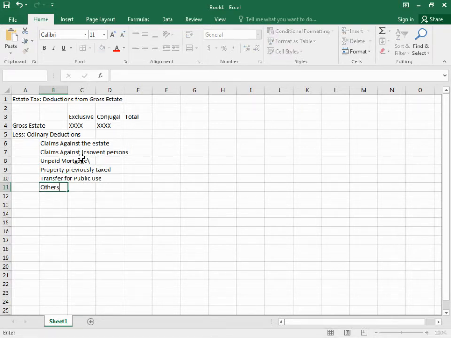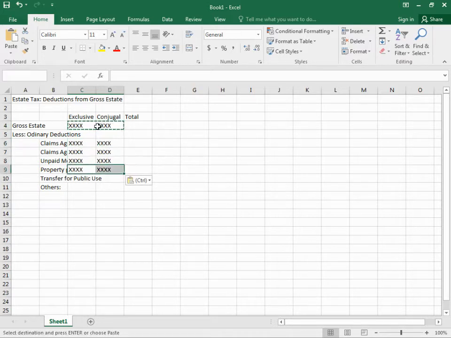Then others, if there may be. Ayan. So ito yung mga ordinary deductions natin which will be excluded from our gross estate.